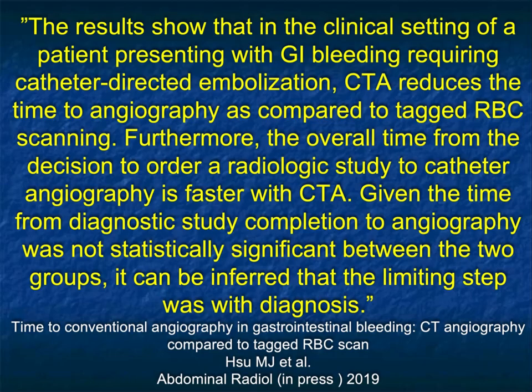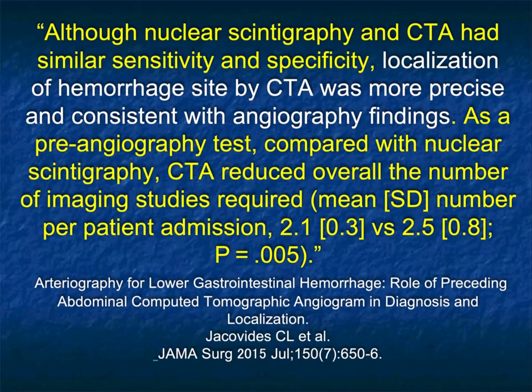Given the time from diagnostic completion to angio was not statistically significant between the two groups, it can be inferred that the limiting step was with diagnosis as well. So a combination of taking longer to make the diagnosis, taking longer to do the study. I think these arguments I put in there just because it comes up every once in a while, but you got to do CTA, okay?